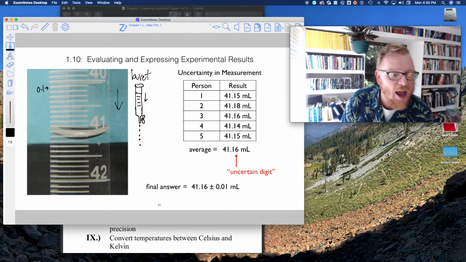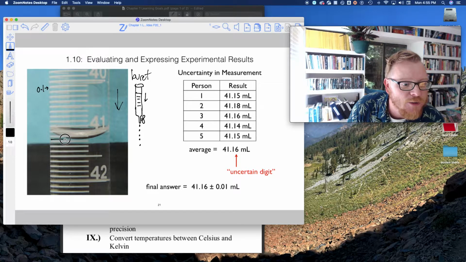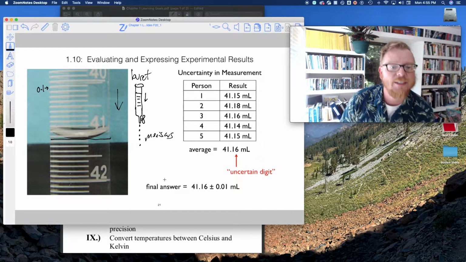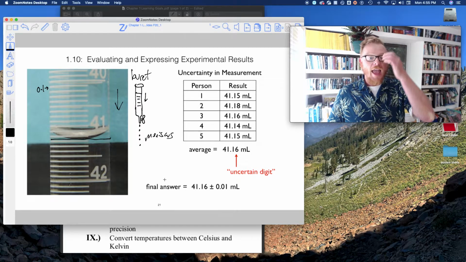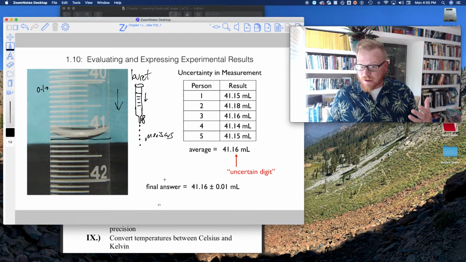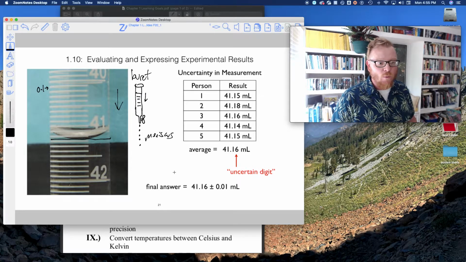Okay? And so now this little line right here, I'm going to draw my best possible attempt. That's what we call the meniscus. Meniscus, okay? And that's what we have to estimate. We have to estimate where that is. So the first thing that we do is write down all of the digits that we're certain of.